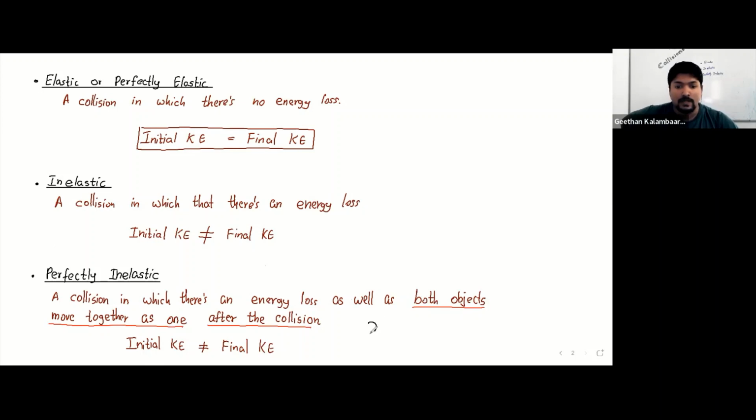So, say that we have two objects of mass m1 and m2 before the collision. So this is before. And after the collision, we don't have two, it's one object. Both of them will move as one object after the collision.